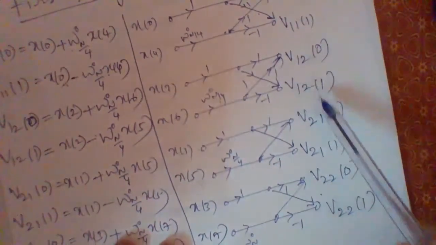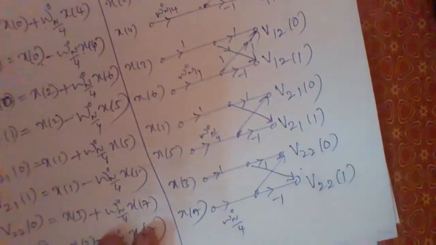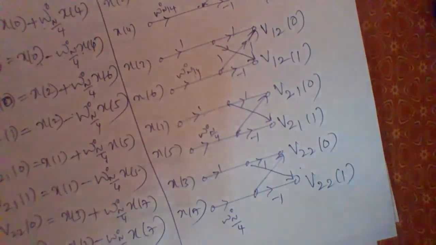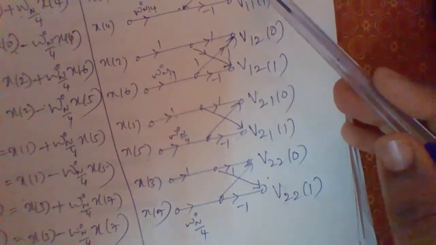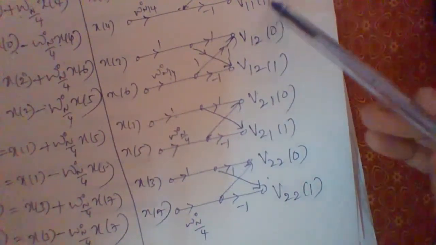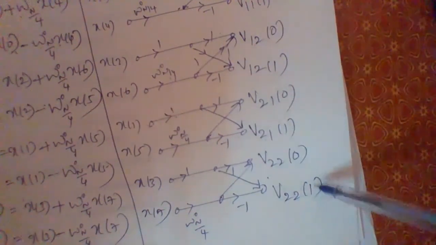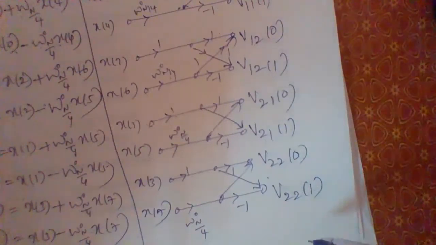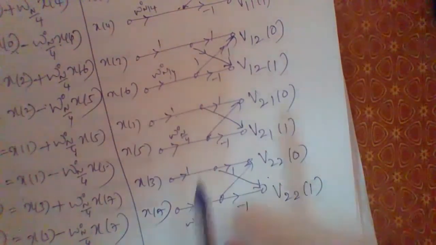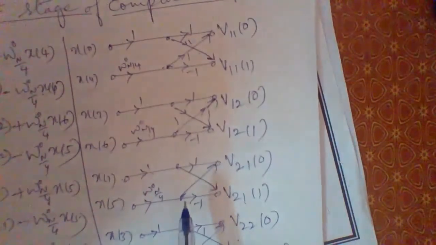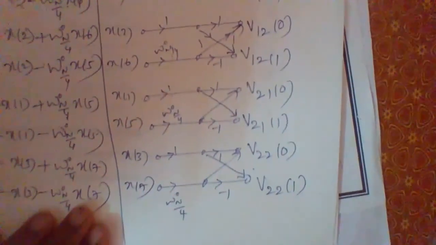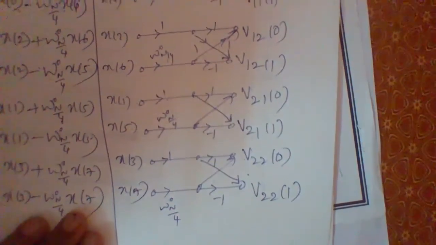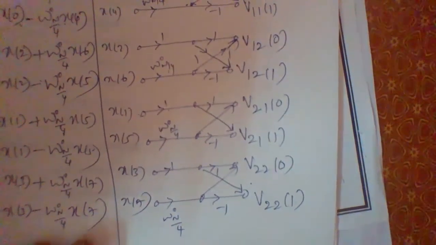Similarly, the same procedure is applicable to all the samples. So finally, all of them, either V11 of 0 or V11 of 1 up to V22 of 1, are all 2-point DFTs generated from the first stage of computation. So this is the complete signal flow graph for the first stage. Similarly, this has to be repeated for the second stage.